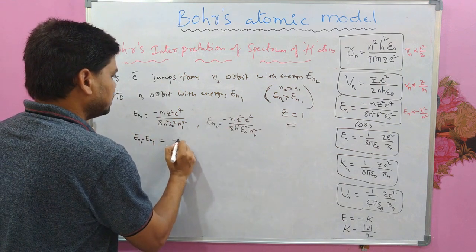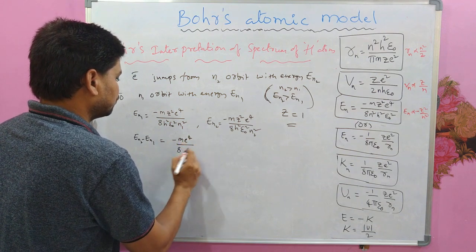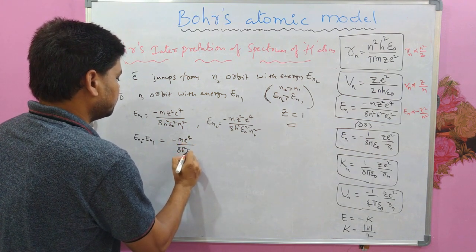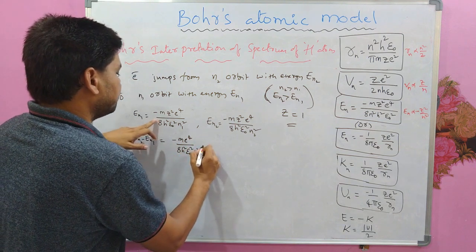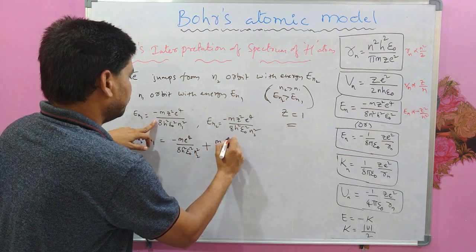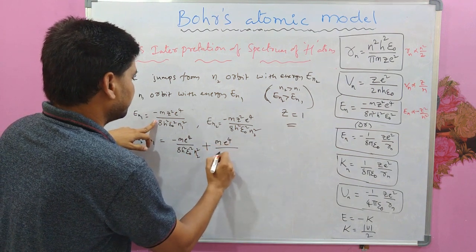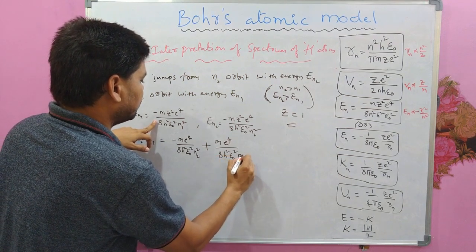So minus m e power 4 by 8 h square epsilon naught square n2 square, minus of minus will be plus m e power 4 by 8 h square epsilon naught square n1 square.